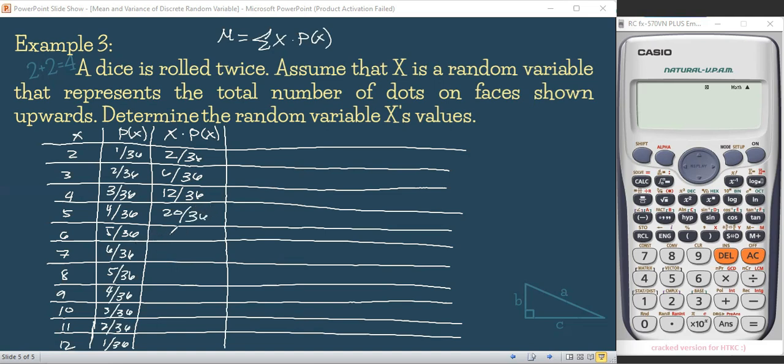So 6 times 5, 30/36. 7 times 6, 42/36. 8 times 5, 40/36. 9 times 4, 36/36. 10 times 3, that is 30/36.